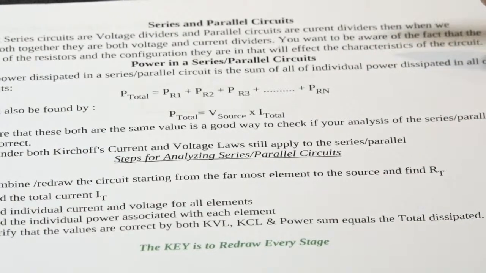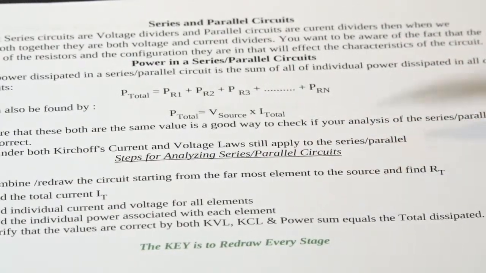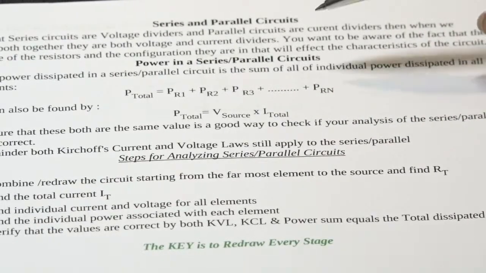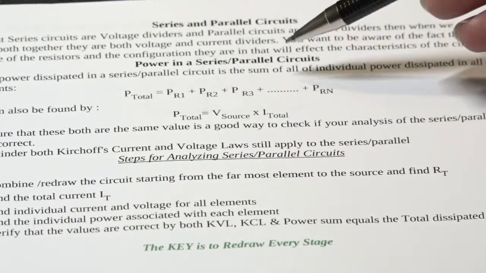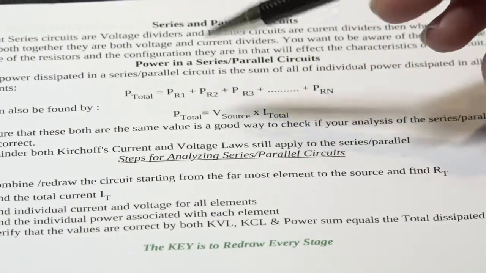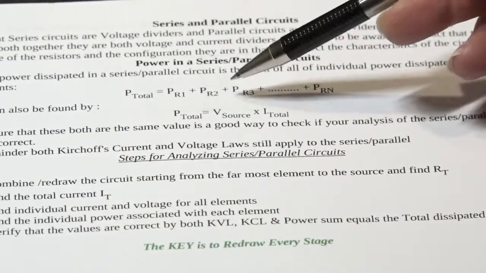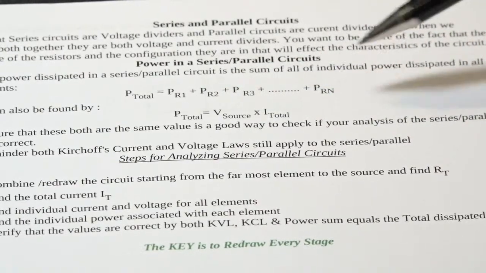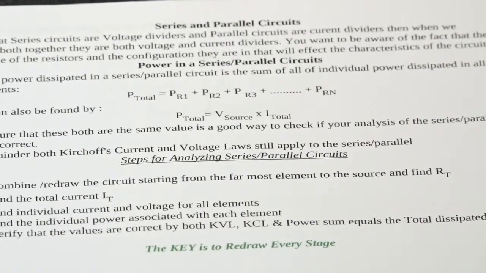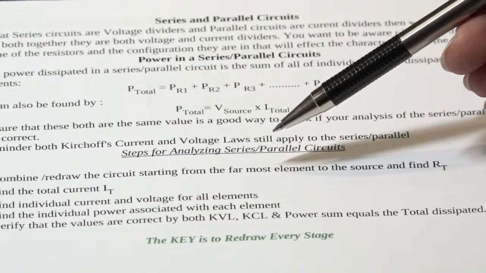In a parallel circuit, if we found the power in all the elements, added them up, and it equaled the total power, we were good again. And that is still true when it comes to the power of a series parallel circuit. The total power of a series parallel circuit is going to be equal to the sum of all of the series parallel combinations.